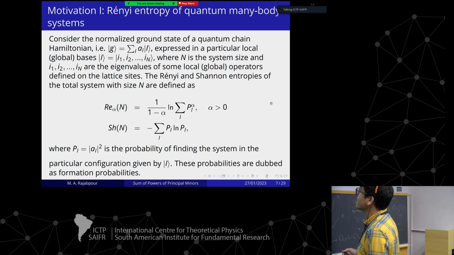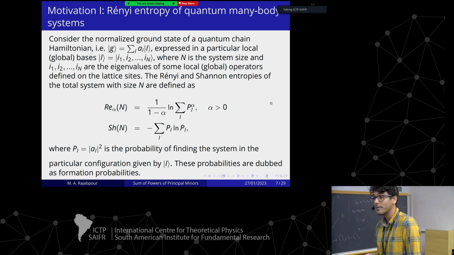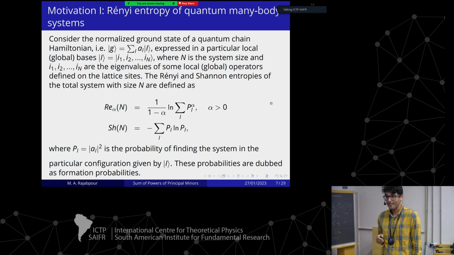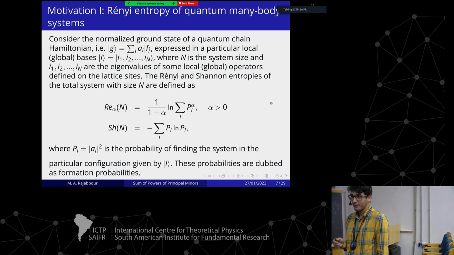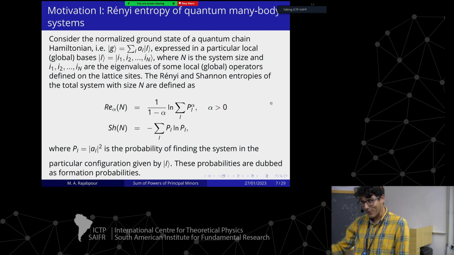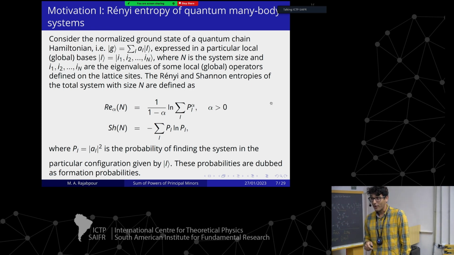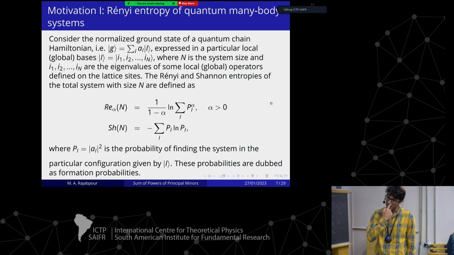For the problems I'm going to tell you about, these are all going to be extensive, related to the size of the volume of the system, for any alpha. Normally that's the case. For the ground states of most short-range systems, the other one, which you actually diagonalize and calculate, normally shows the area law, or sometimes logarithmic behavior.